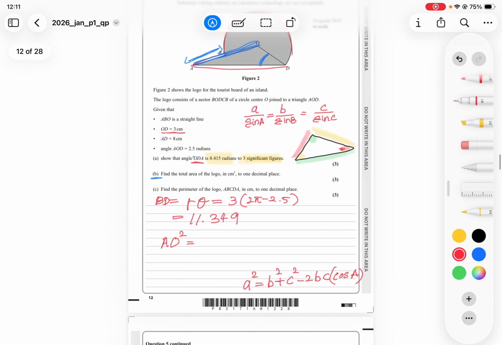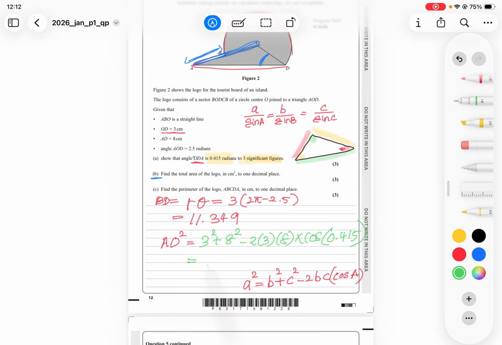According to the information we have, 3 squared plus 8 squared minus 2 times 3 times 8 times cos 0.415.